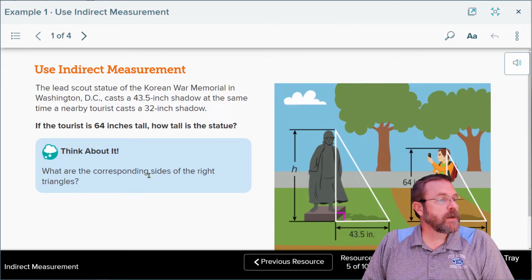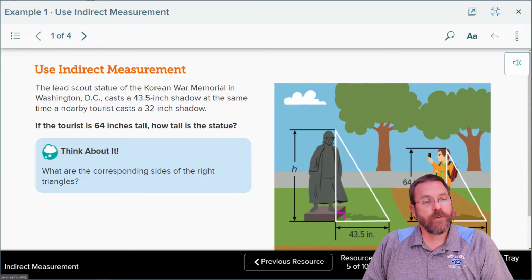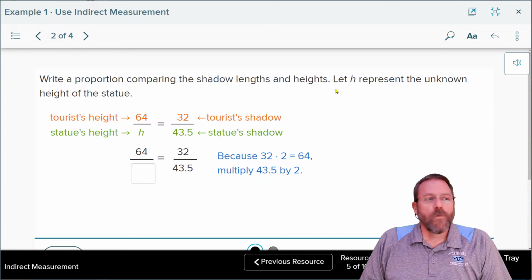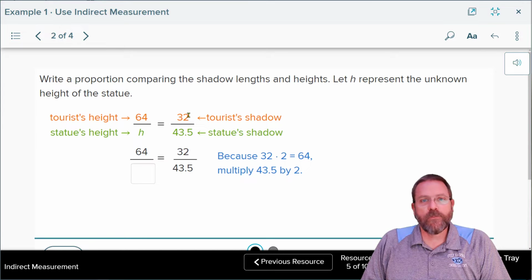What are the corresponding sides of the right triangles? Well, the height of the statue and the height of the person are going to be the corresponding sides. The shadow of the statue compared to the shadow of the person, that's going to be your other corresponding sides. From here, we can say that the tourist height was 64 inches compared to the tourist shadow of 32 inches.